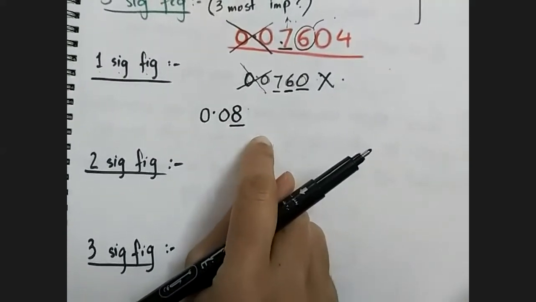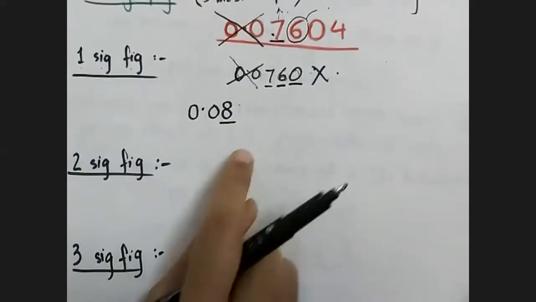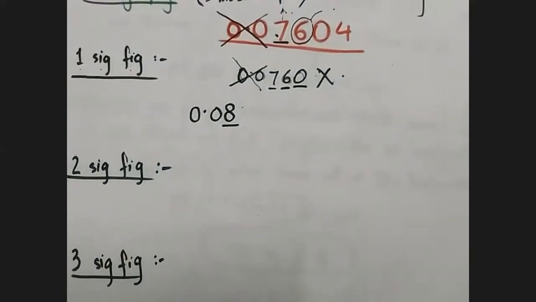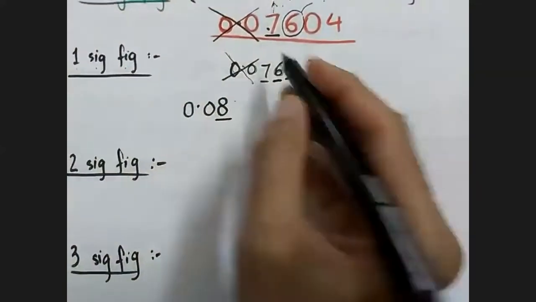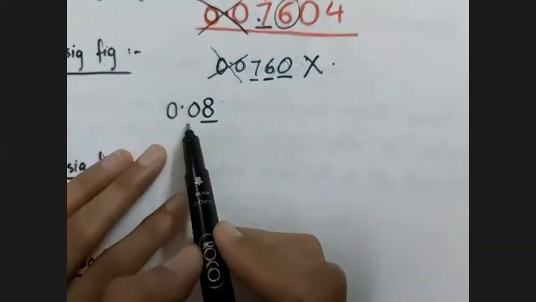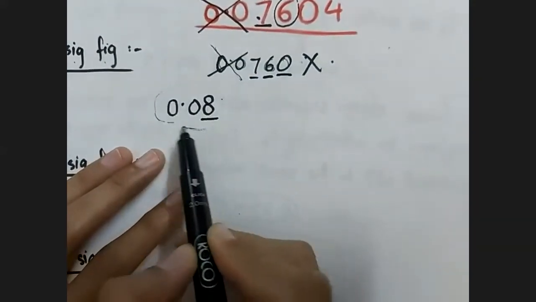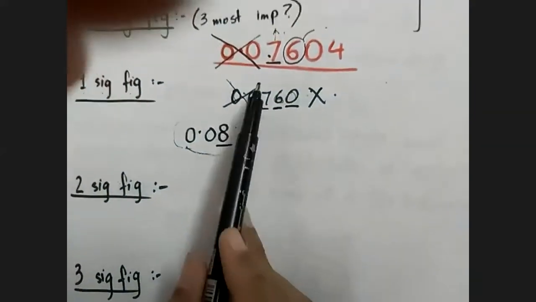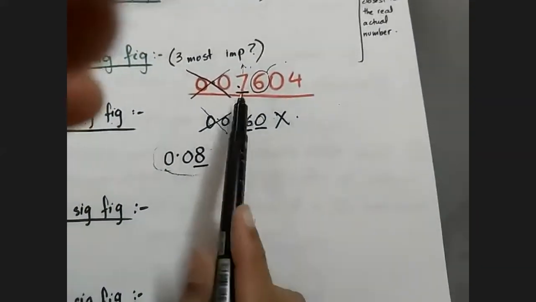Say it loudly. I cannot hear you. Why can't it be 0.1? Because remember, the answer that you get should be close in value to your actual value.